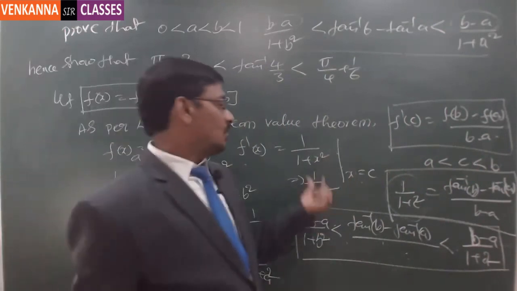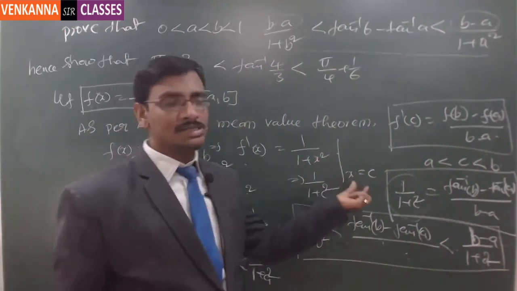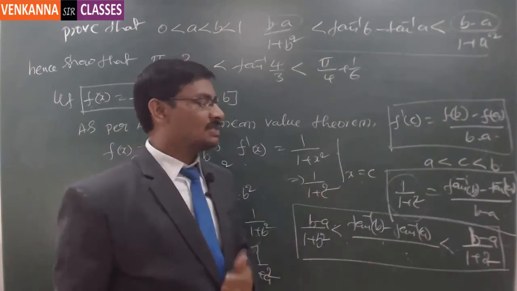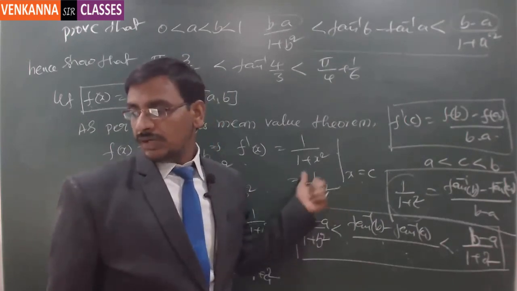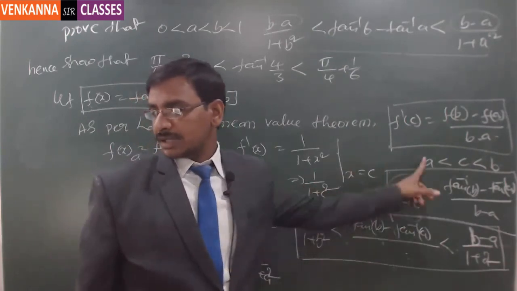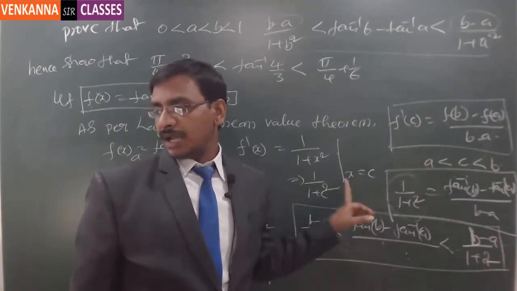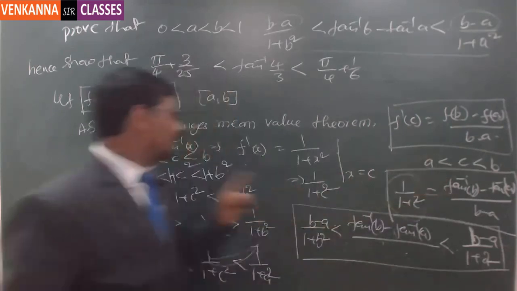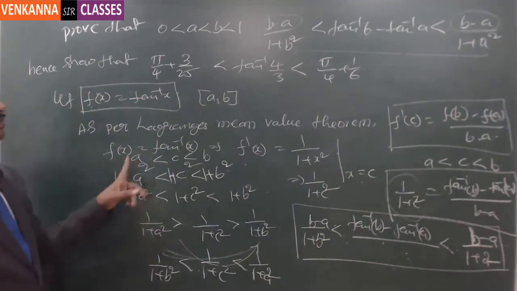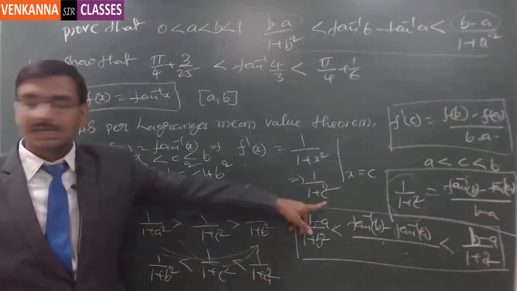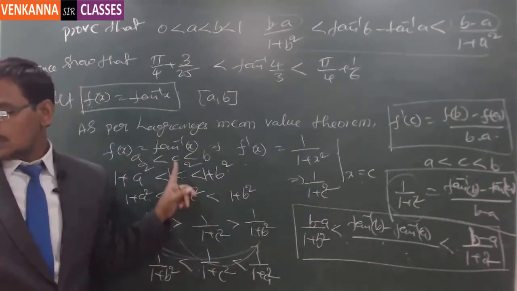That is coming as 1 by 1 plus x square, and at x is equal to c, this is 1 by 1 plus c square. So you need to bring this condition into this format. For that, I am taking step by step. So A less than C less than B, and for that I have squared it, because at the denominator there is c square. Now I have got the c square from c.